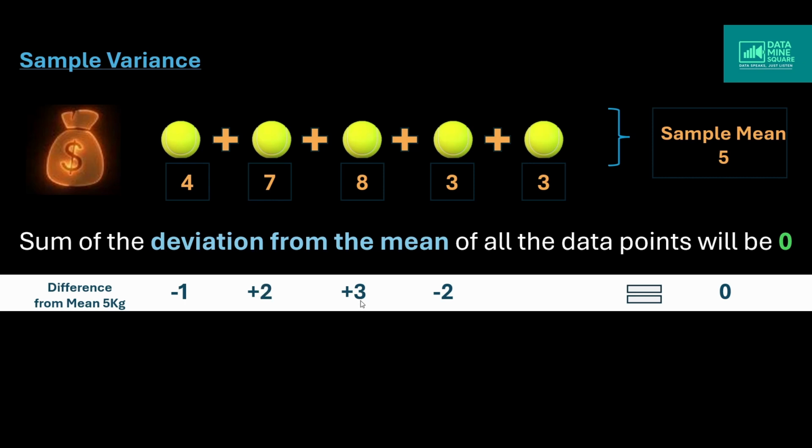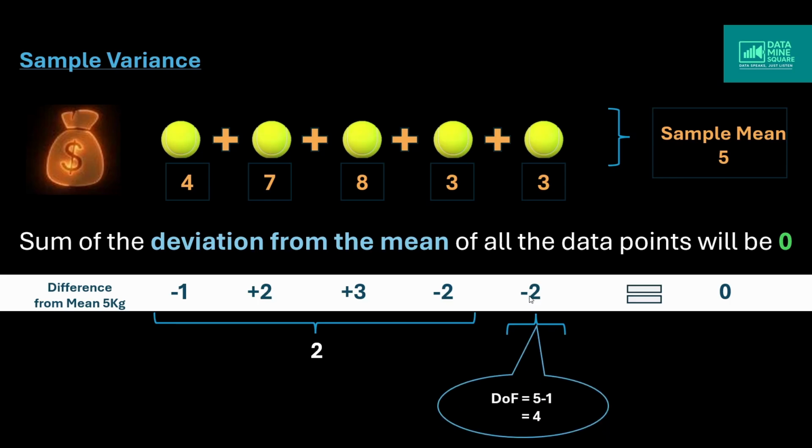Then for the third ball, it's 8 minus 5, plus 3, and 3 minus 5, minus 2. So the cumulative deviation of these 4 balls is plus 2. Therefore, the deviation of the last ball has to neutralize this deviation to get 0. So this fifth ball's deviation is fixed.